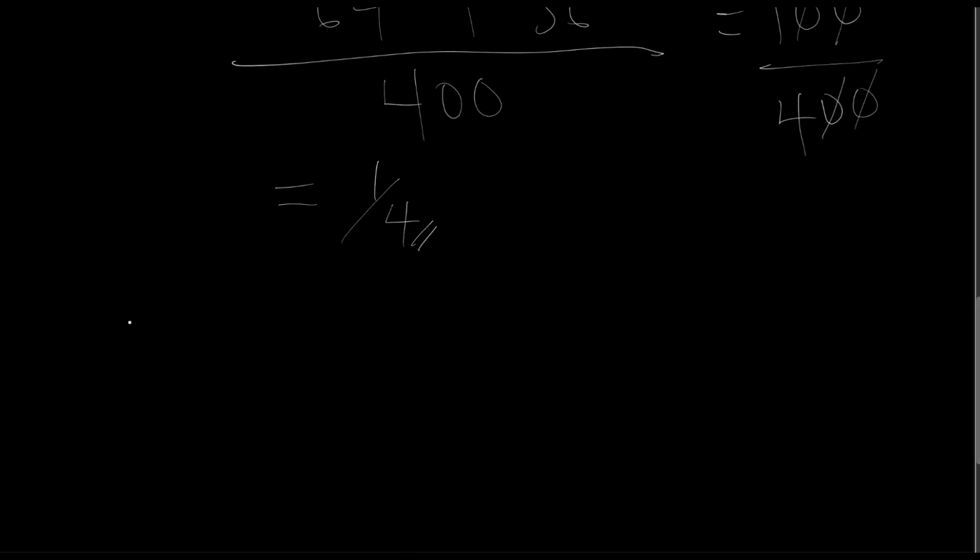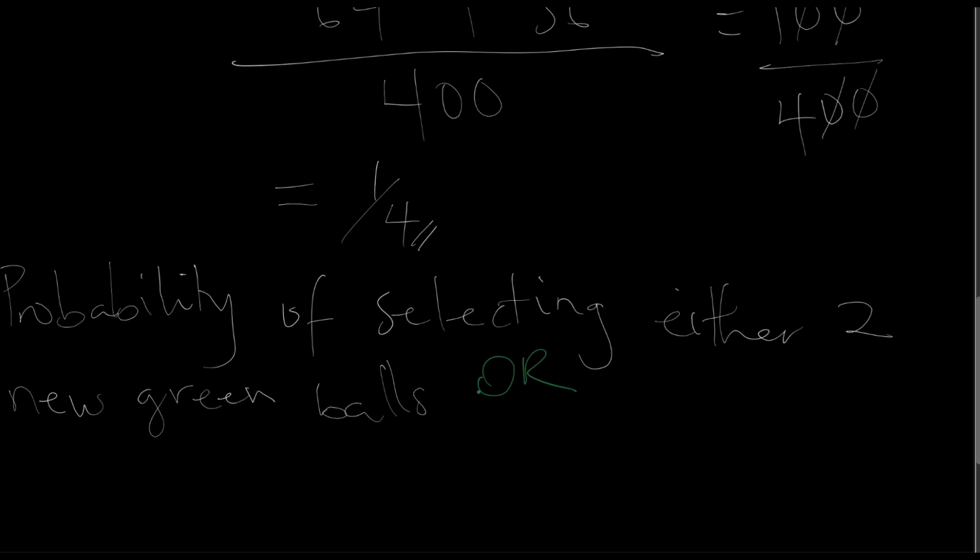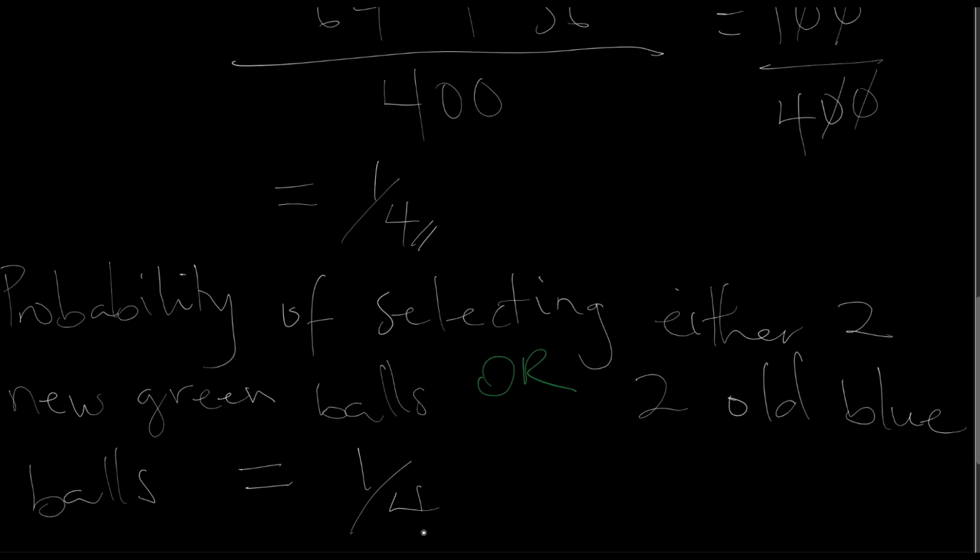So this means that the probability of selecting either 2 new green balls or 2 old blue balls is equal to 1/4.